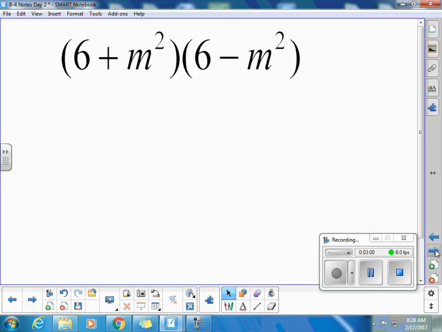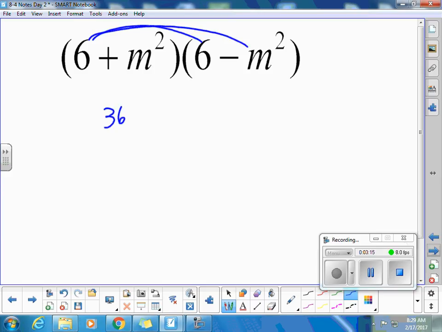So here, it's a little different in the fact that we usually have our variables in the first position, and this time we don't, but that's okay. It's still the same process. 6 times 6, 36. I'm just going to FOIL. 6 times negative m squared would be minus 6m squared. Positive m squared times 6 is plus 6m squared.